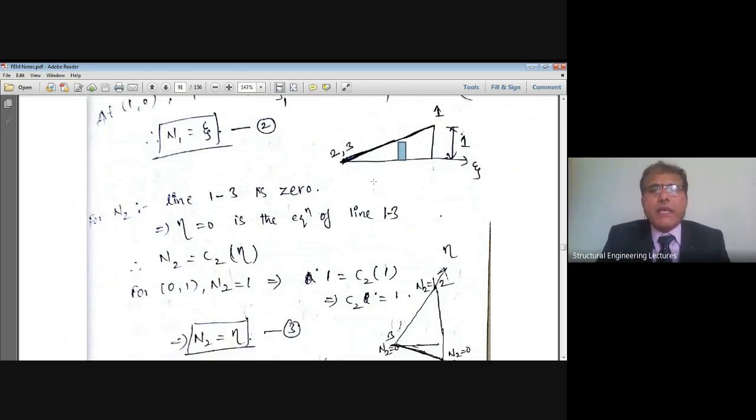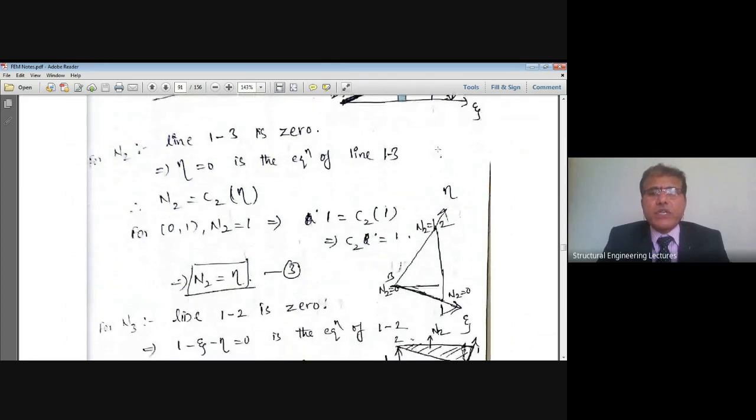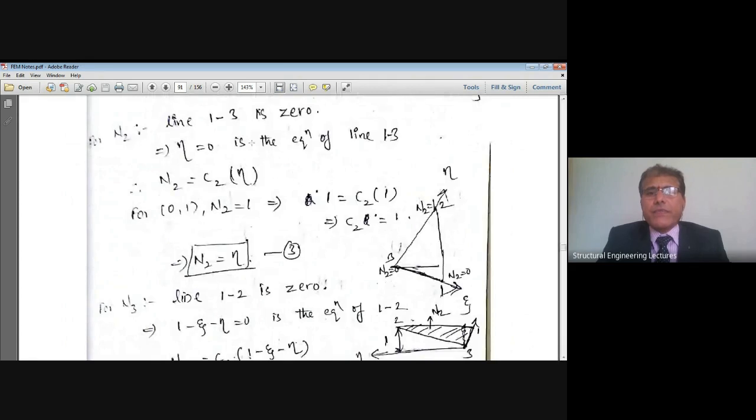Then similarly, now I'll derive shape function 2, which means n2 is equal to 1 at its own node 2, and it becomes 0 at the other nodes 3 and 1. Hence n2 is equal to 0 at nodes 1 and 3.